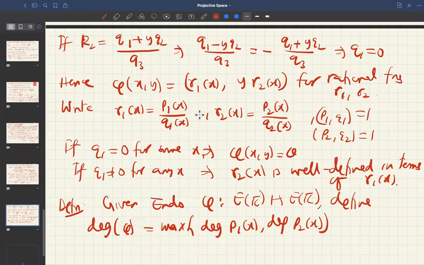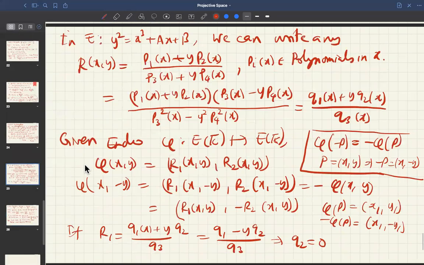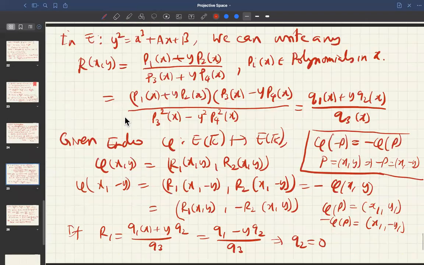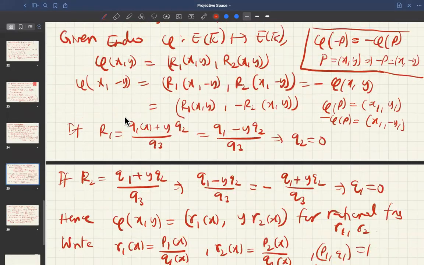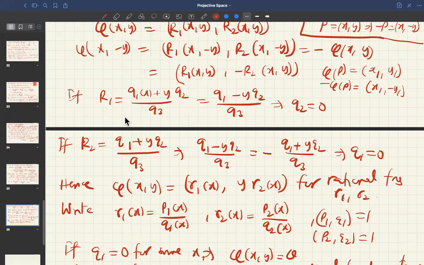You mean to say that y is given by an equation in x? Yeah, basically we have this equation y squared equals something, so once you have x, then y is more or less fixed. Of course there is the plus or minus, but y is more or less fixed.